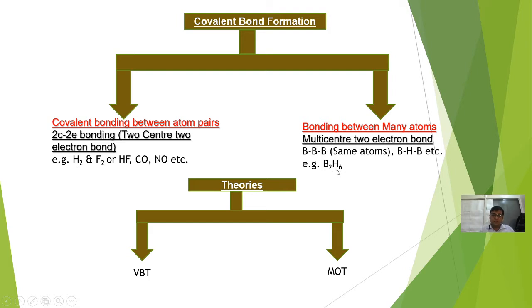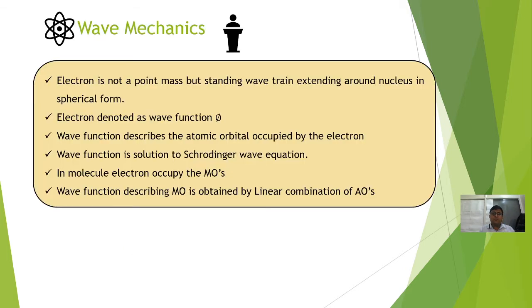Now there are two theories which explain covalent bonding: valence bond theory and molecular orbital theory. But these two theories have a basis in quantum mechanics.